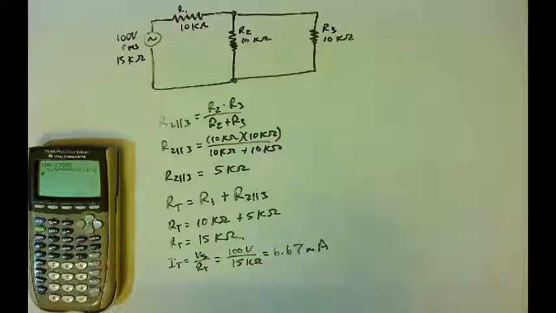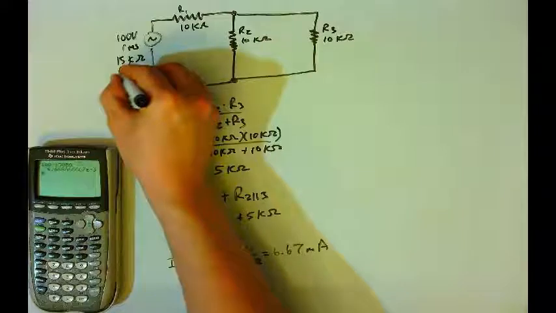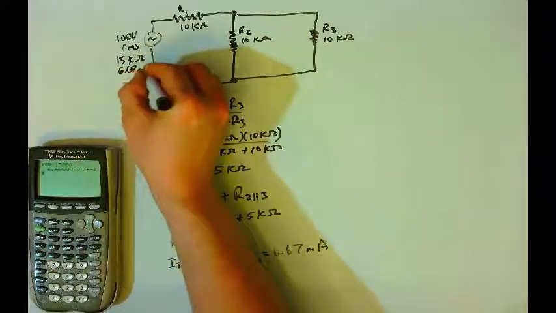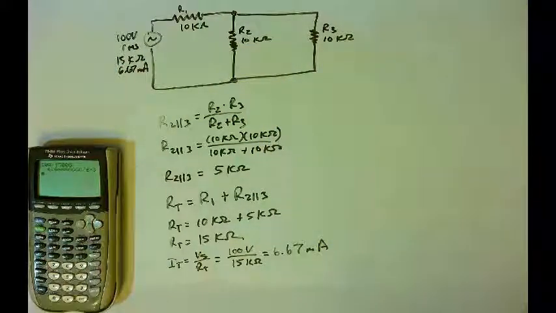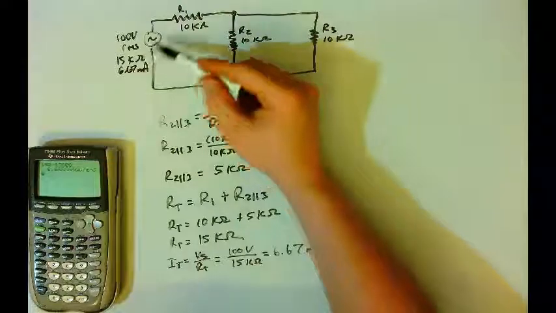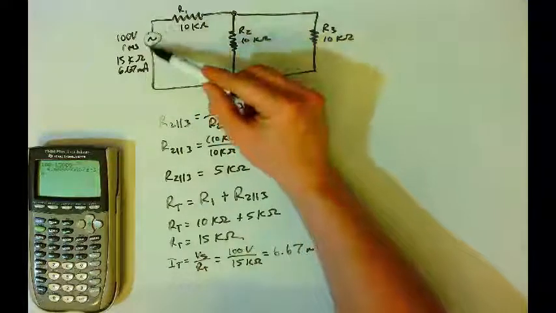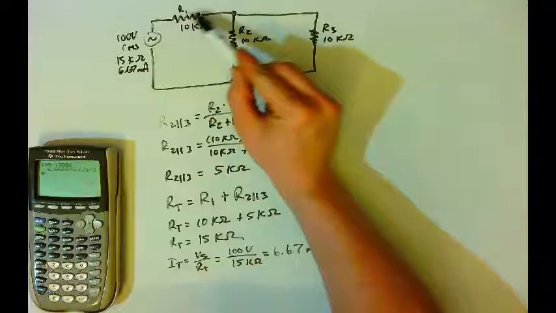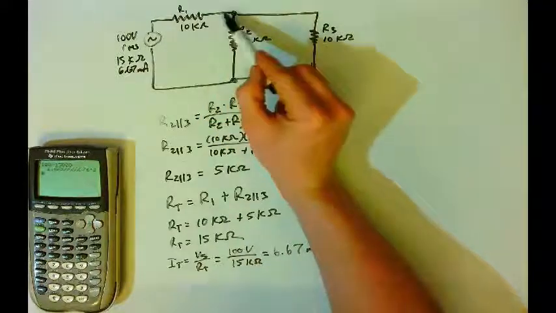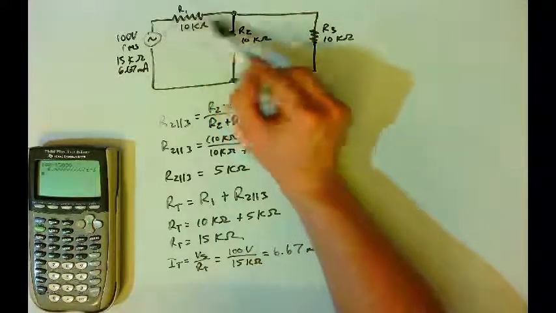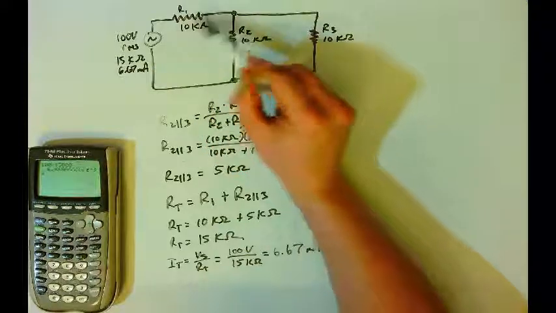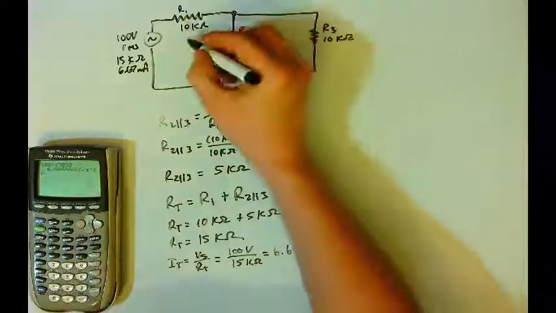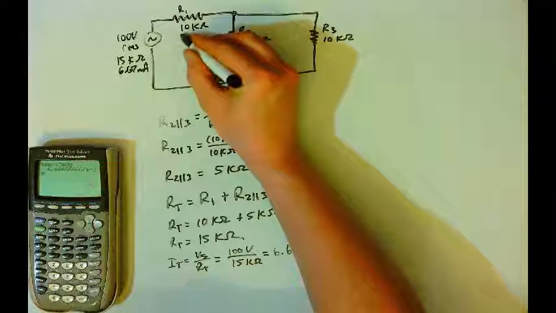So the total current in this circuit will be 6.67 milliamps. That's the total current in the circuit. And so that total current is an RMS value. That entire current flows through R1, right? And again, it doesn't matter which direction it's flowing. Either direction it flows, 6.67 is the RMS value.